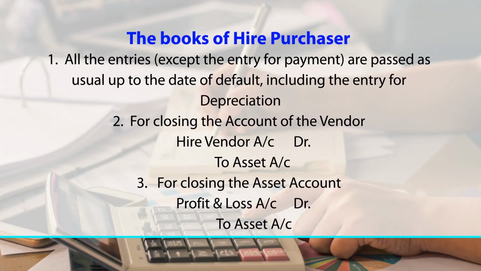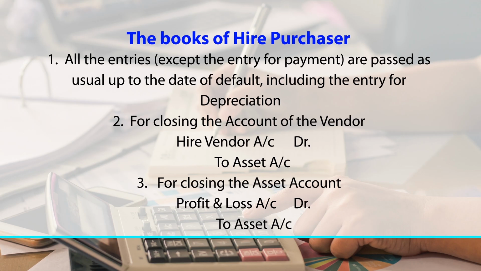So, he will make the journal entry hire vendor account debit to asset, because the hire purchaser is returning the goods to the hire vendor. He will debit the hire vendor, because the hire vendor account is a personal account, and as per the rationale of the personal account, debit the receiver. It is the vendor who is now receiving the asset, therefore his account has been debited.